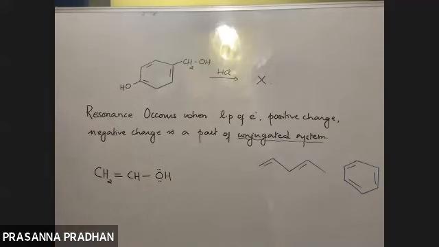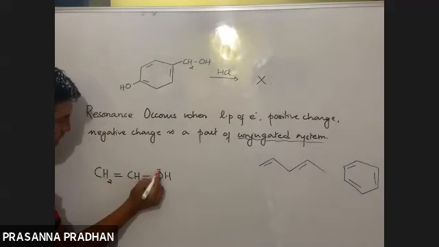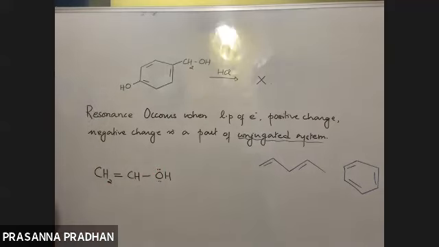If I look at this structure, we see that this lone pair is a part of the conjugated system, because after the lone pair we have a single bond and a double bond. And whenever the lone pair is a part of a conjugated system, resonance occurs.